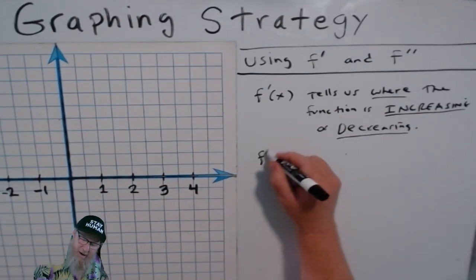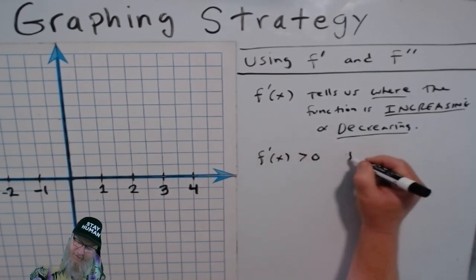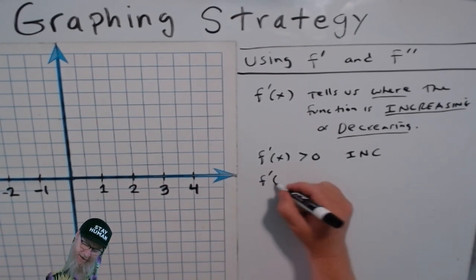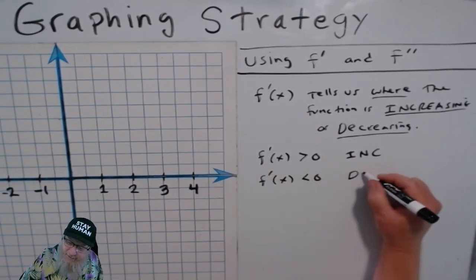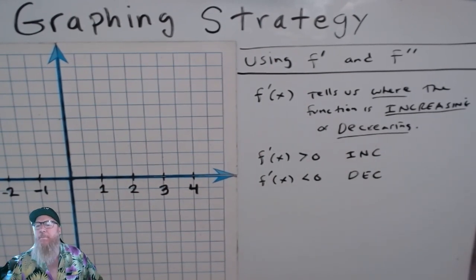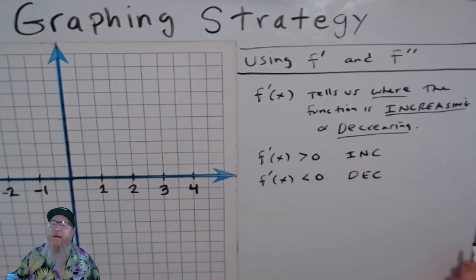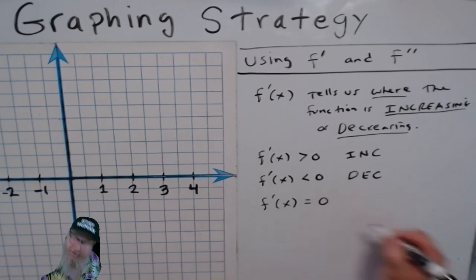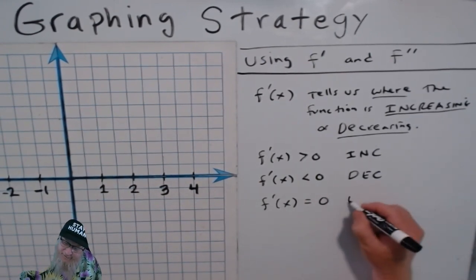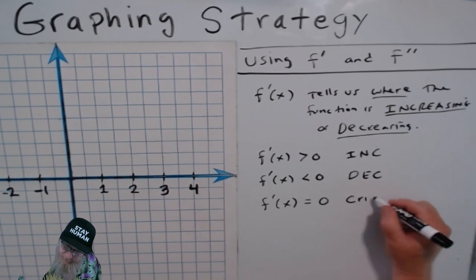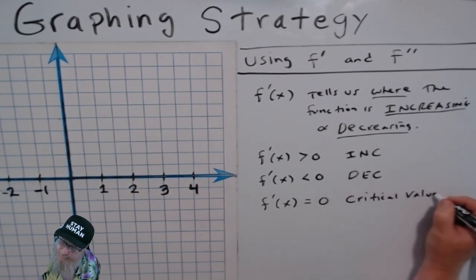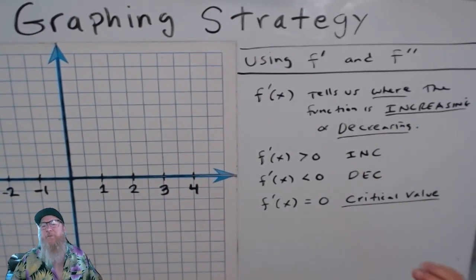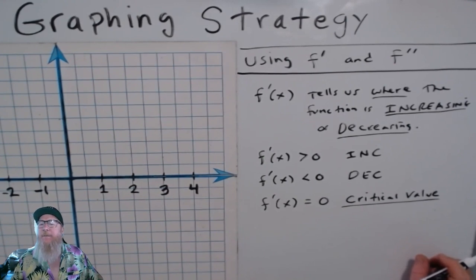F prime of x being greater than 0 tells us that the function is increasing. F prime of x being less than 0 tells us that the function is decreasing. And if it's actually equal to 0, it's neither. This is called a critical value. It means that it's neither increasing nor decreasing, and we need more information to determine what it is.